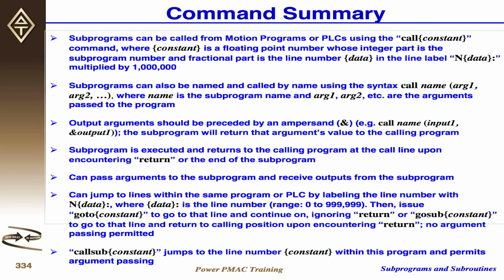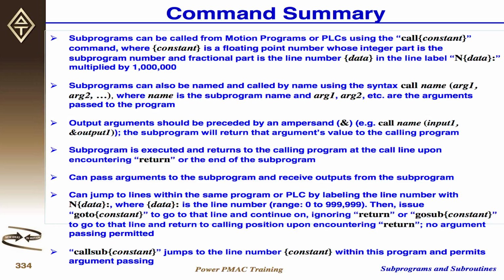So with this one, you're calling subprogram 100, and the fractional part is the line number. You need to multiply it by 1 million. So let's say 100.000001 will be calling subprogram 100, line number 1.